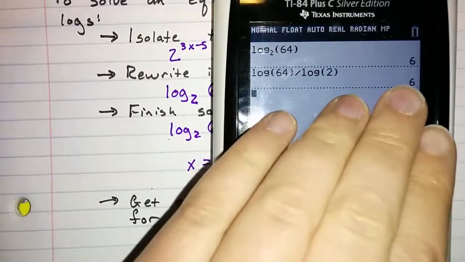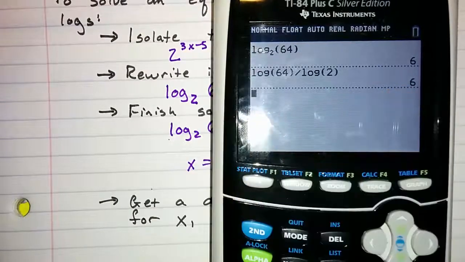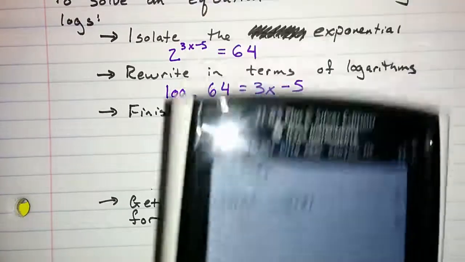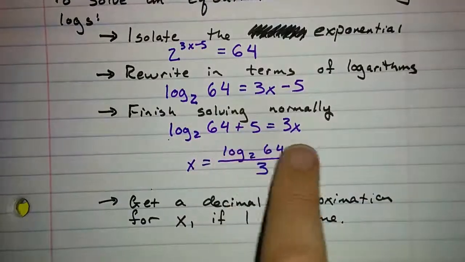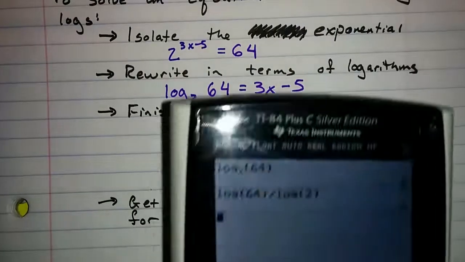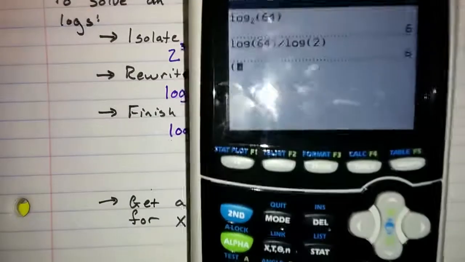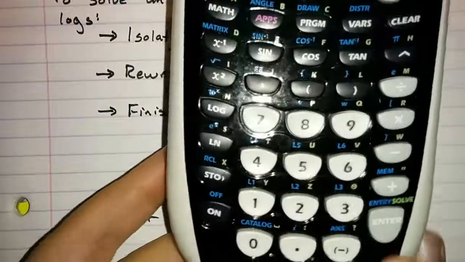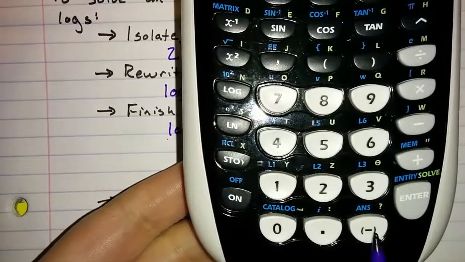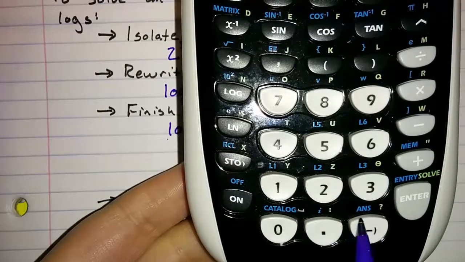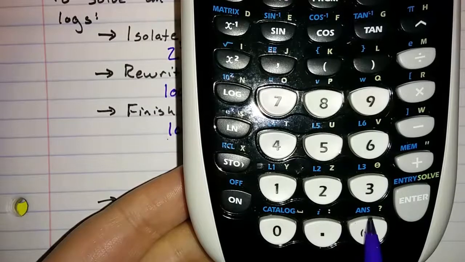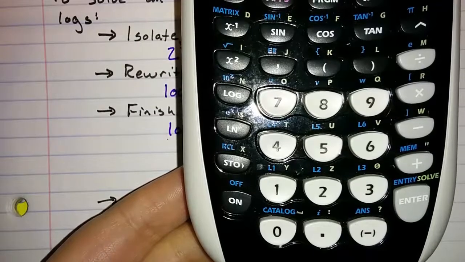Now, in general, this is going to be some awful decimal that I'm not going to want to copy and uncopy. So here's what I'm going to do instead. I want to take this number plus 5 divided by 3. I'm going to put in some parentheses. And now, take a look here on the key with the minus sign. Do you see the little blue ANS above it?